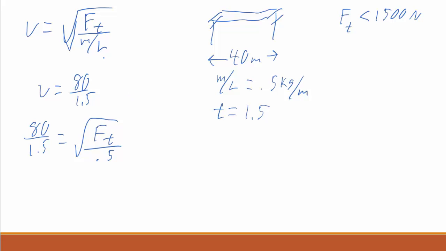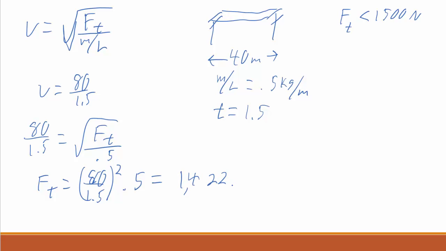And now I just have a bit of algebra. I can square both sides, so I'm going to get tension is equal to 80 over 1.5, it's kind of an ugly number, that got squared, and then bring the 0.5 up. I'm kind of skipping a bit of the steps in algebra here. Anyway, that's what you're going to have to plug into your calculator, and it turns out that you have a tension of 1400 newtons, if that's the time it took for your wave to travel there and back, and we needed to be below 1500, so we're good.